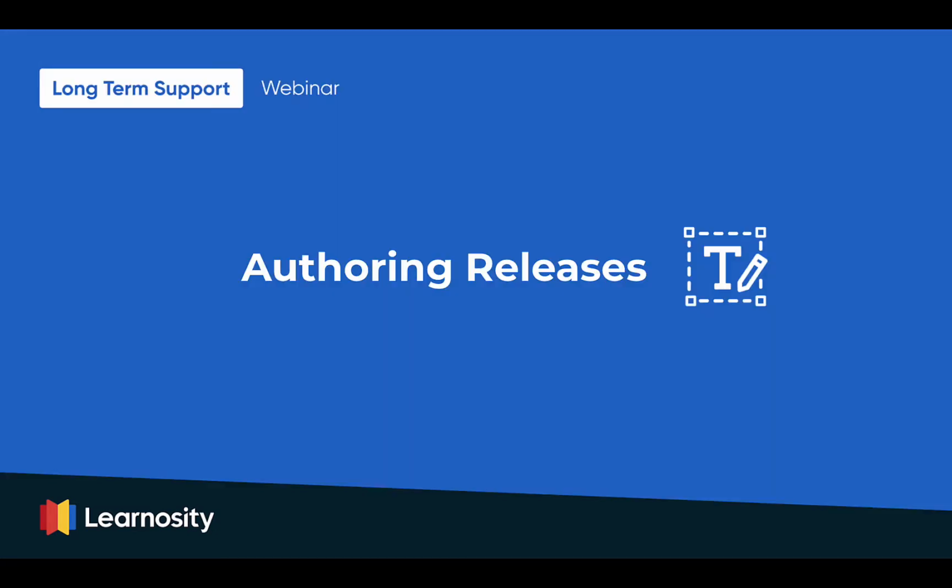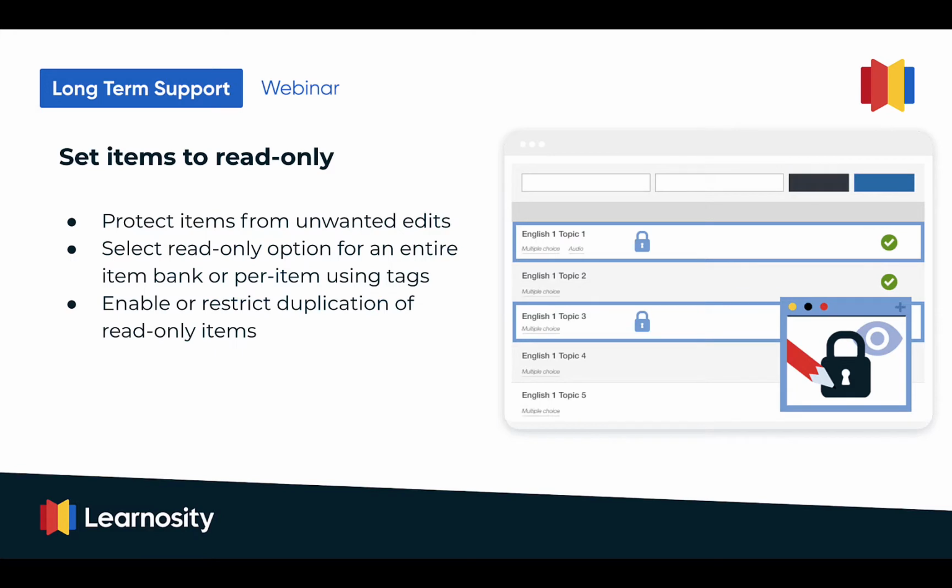Next up, let's take a look at our new authoring features. We're enabling authoring administrators to take more control of their content. You can now protect items from unwanted or mistaken edits by putting items into a read-only mode. This can be at the entire item bank level or at a per item level using tags.